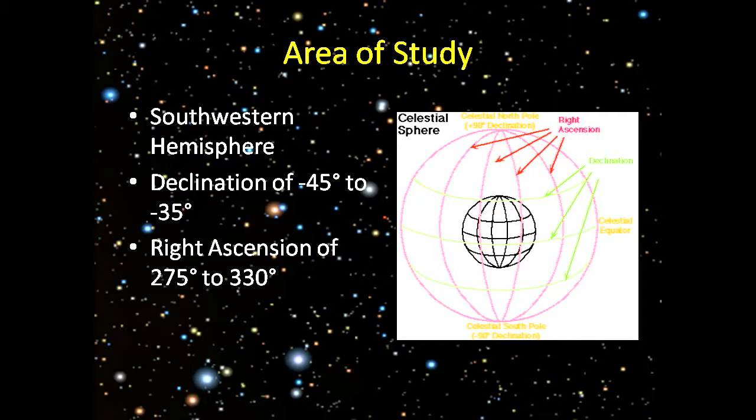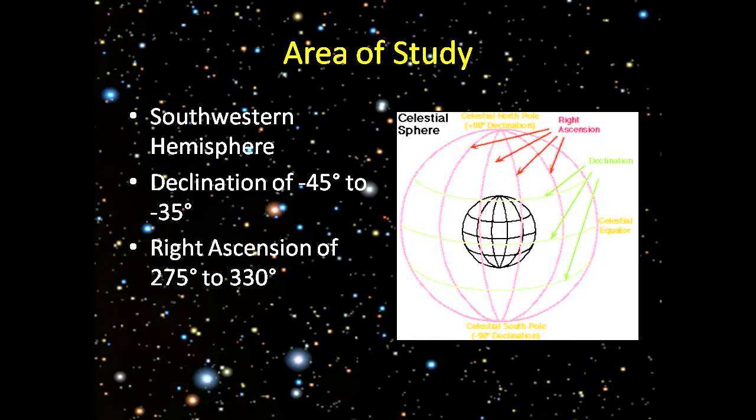So where are we looking? Here we have the celestial sphere, and within the Siding Spring survey, which primarily focused on the southern hemisphere, I decided to take a subset of that with these particular coordinates.